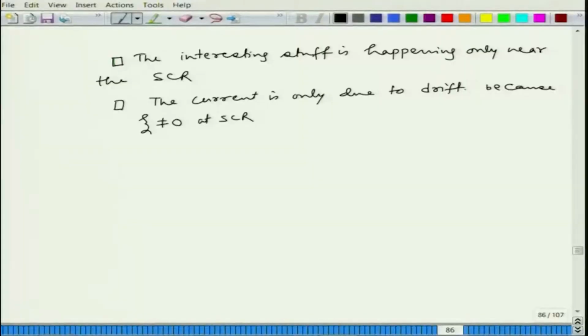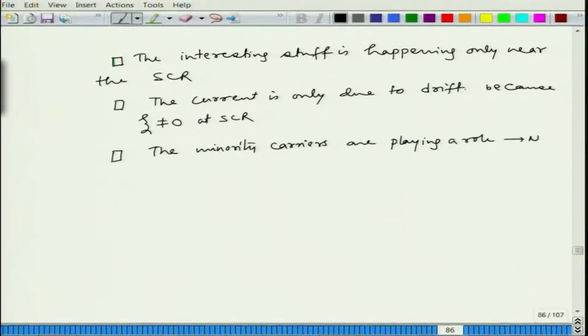So, here the major observation is that the minority carriers are playing a role, not the majority carriers.